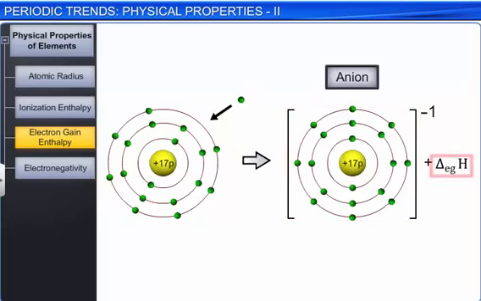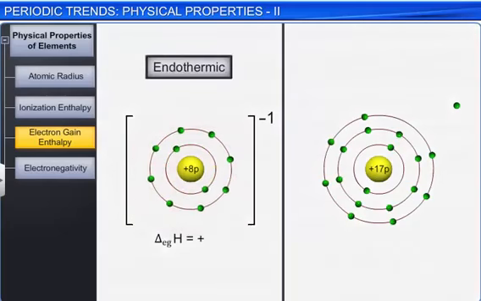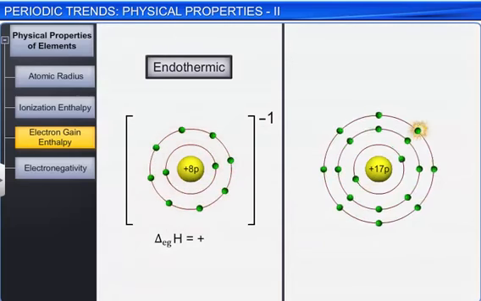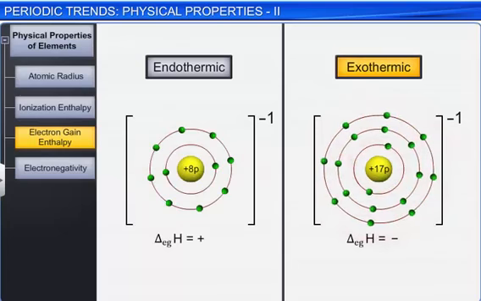The process of adding an electron can be either endothermic, that is, energy absorbing, or exothermic, that is, energy releasing. It is exothermic when an element reaches a more stable state by the addition of an electron.